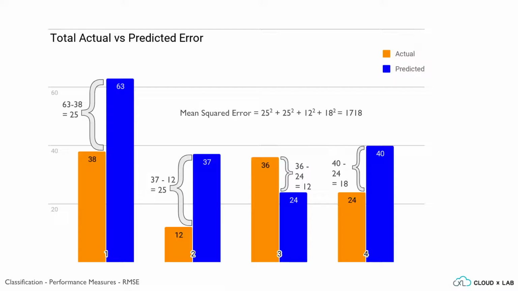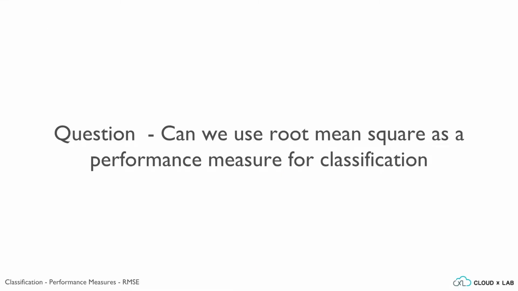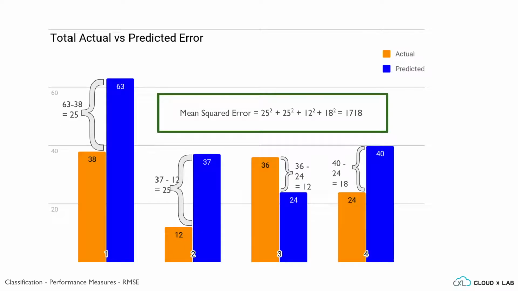As we have seen earlier, in the case of regression, the preferred performance measure is root mean square error, RMSE. Can we use root mean square error as the performance measure for classification? The answer is no, because root mean square error of say 1718 will not make any sense for classification.